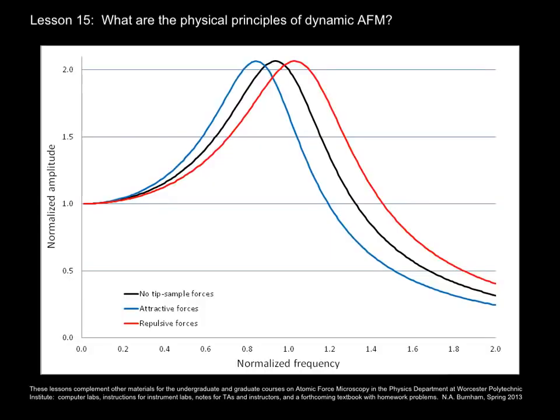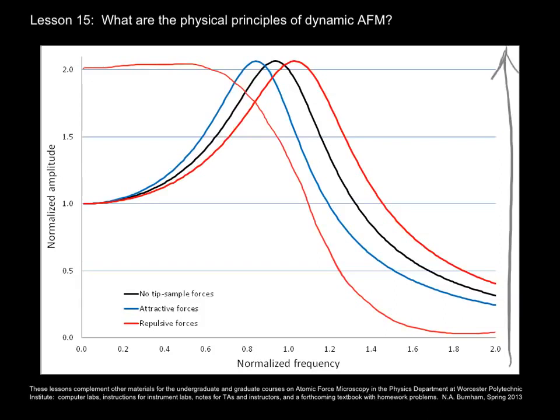Returning now to our plot of amplitude and frequency, let's put phase on here. And I'll put phase on for the red curve, the repulsive curve. And if we remember, that goes from 0 to minus pi.